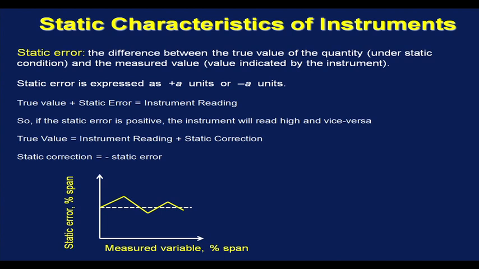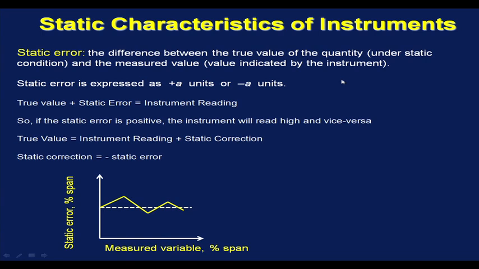Corresponding to the desirable static characteristic accuracy, we have the undesirable static characteristic, static error. Static error is defined as the difference between the true value of the quantity under static condition and the measured value, that is the value indicated by the instrument.